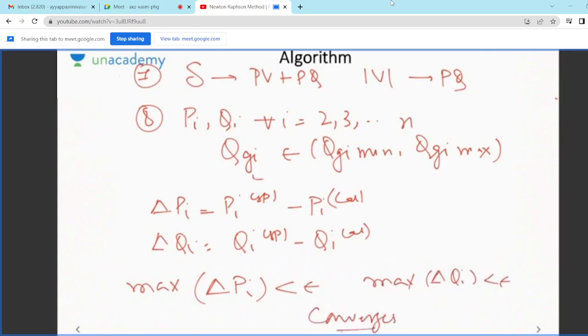That is, there is no mismatch. If it does not occur, then we will go and repeat the entire process. So we will go on iterating until we get a condition where the maximum of the mismatch vector is less than epsilon.